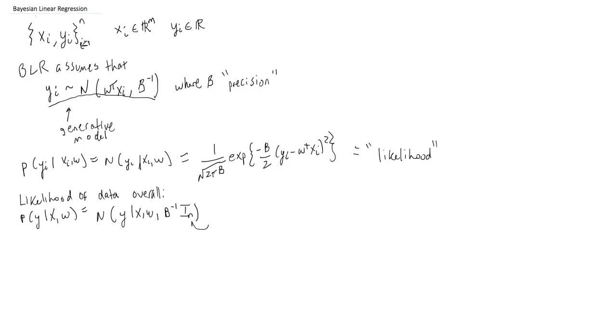What this means is that the data points are uncorrelated. We have zeros everywhere except for the diagonal, which is just full of the variance.